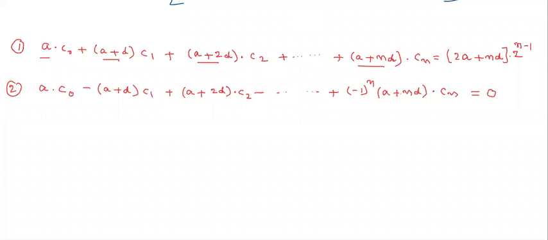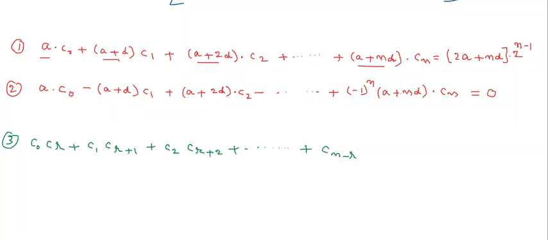Next. Another statement. C0 CR plus C1 CR plus 1 plus C2 CR plus 2 plus and so on. Finally, Cn minus R into Cn.